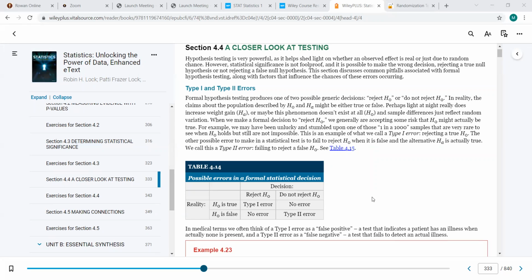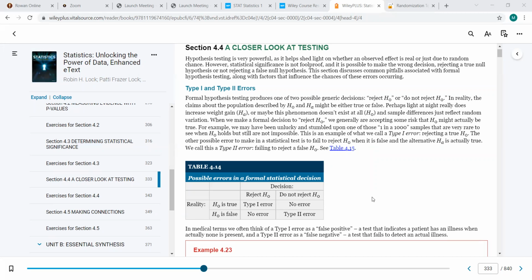So we're rejecting the null hypothesis that you don't have COVID. But if in reality you don't have COVID, in other words, you get a positive reading on the test, but you really don't have COVID, that is called a false positive. That can happen.